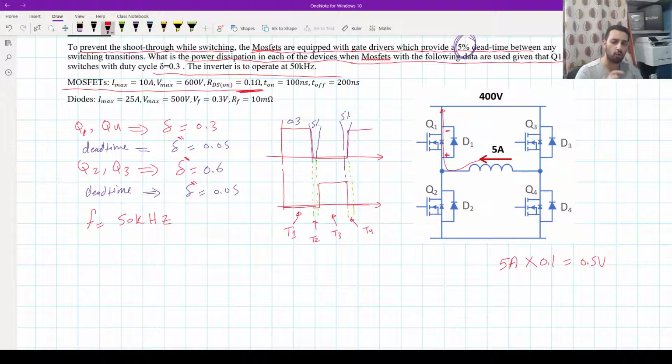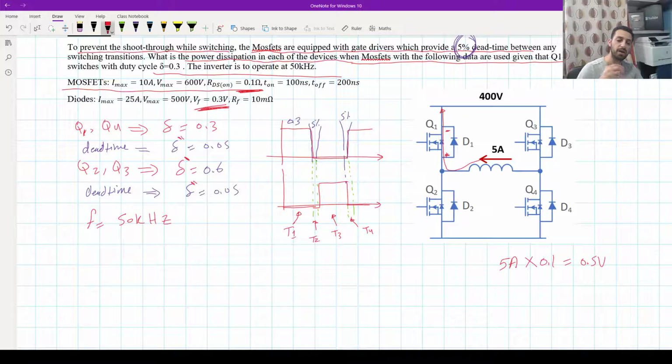Now the question: will my diode turn on or not? To know, we have to know the forward voltage, and according to the information here, we have a forward voltage of 0.3. That means yes, it will turn on and take all the current, and we will assume it will take all the current. Practically, it might take partial current, but here we will assume that it will take all the current and will not leave anything for the MOSFET. So the MOSFET will switch on Q1 and pass the current, then develop voltage and turn on the parallel diode, and the diode will take all the current later.